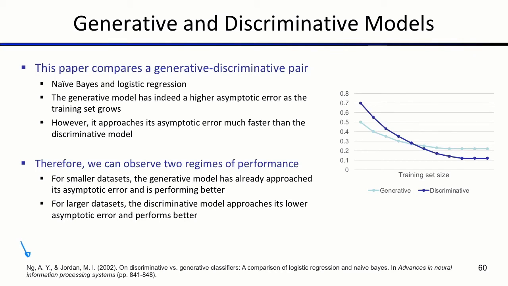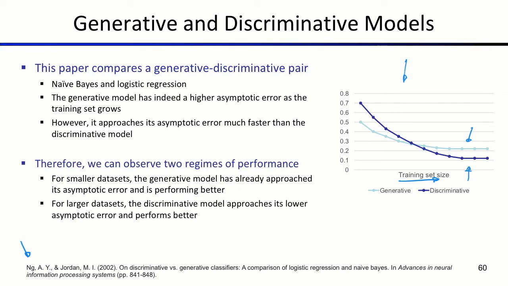What they're saying is that when we look at a plot like this one, with the performance of the generative classifier as we increase the training set size, when the training set size is large, we are approaching what we call the asymptotic error, that would be the error of the classifier when we have an infinite number of training examples.